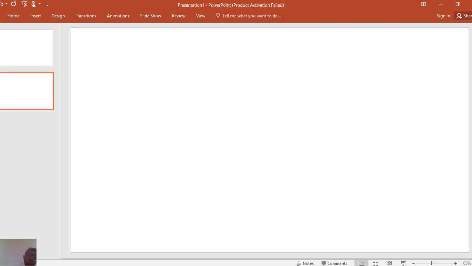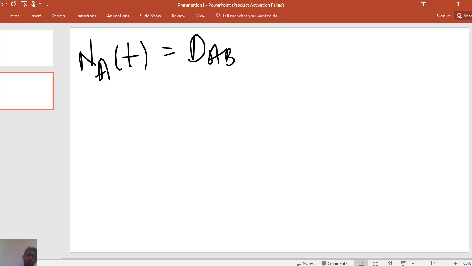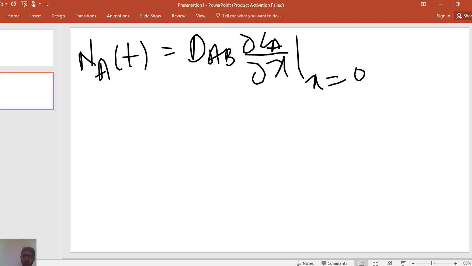Now we can also find the flux of A at time t, which will be equal to DAB times dCA by dx at x equal to 0.